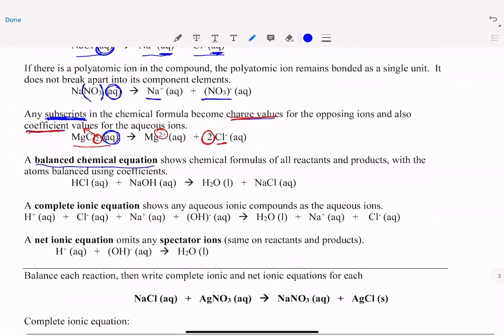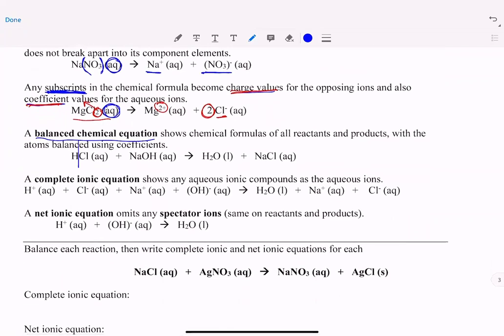But you're going to take that balanced chemical equation and turn it into a complete ionic equation. And that is anything that is an aqueous ionic compound, anything with an AQ physical state. So you break apart anything with an AQ physical state into the ions.